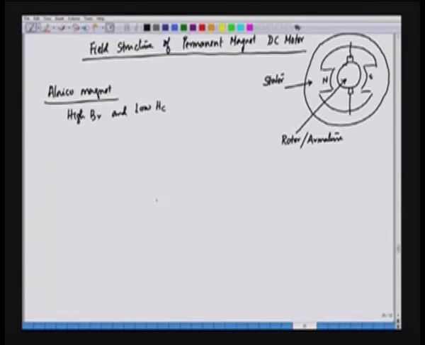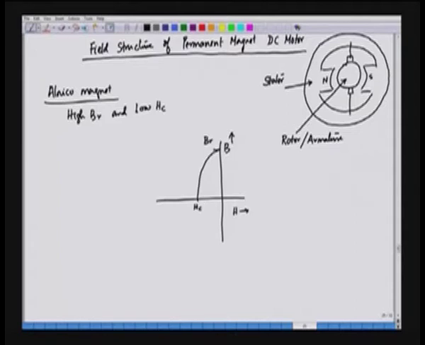So, we have a structure like this. This is the Br here and this is Hc.